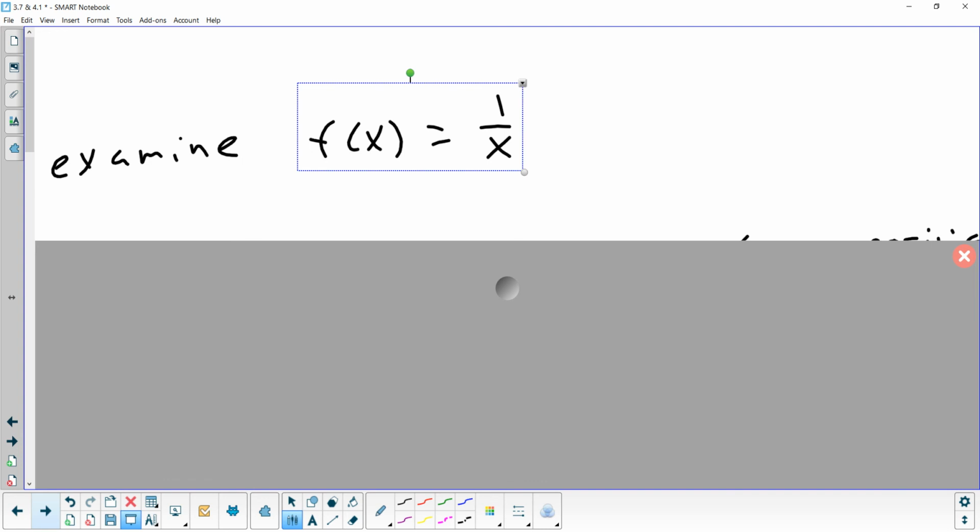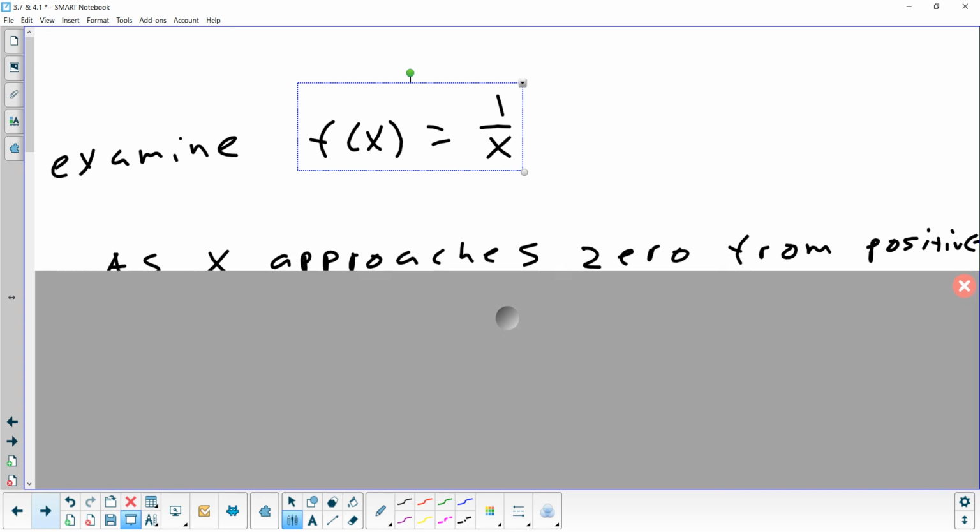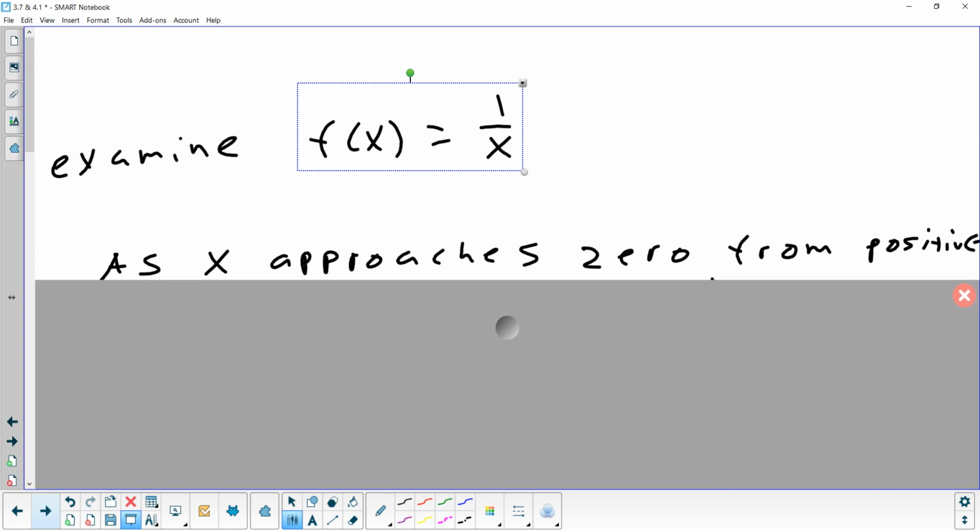So we know we can't put a 0 in, but what happens if we plug in a number close to 0? Like 0.001. Very, very close to it. So let's look at what happens as we approach the number 0. Now there's two directions you can approach 0 from. 0 is in the middle of a number line.